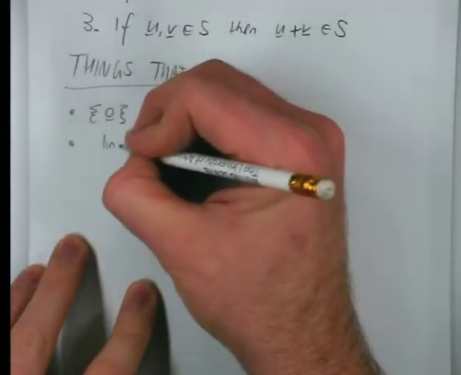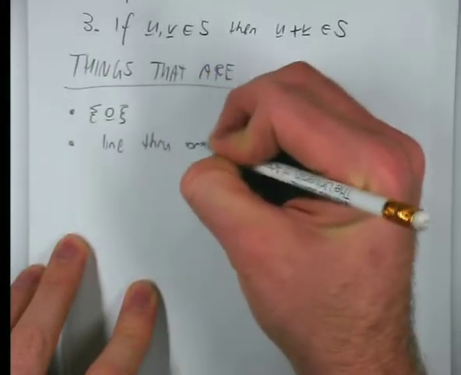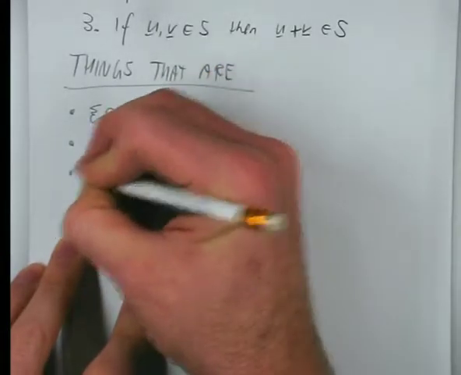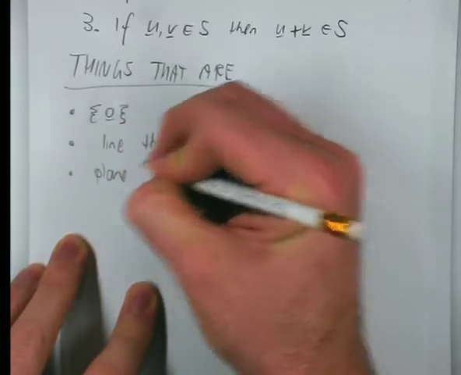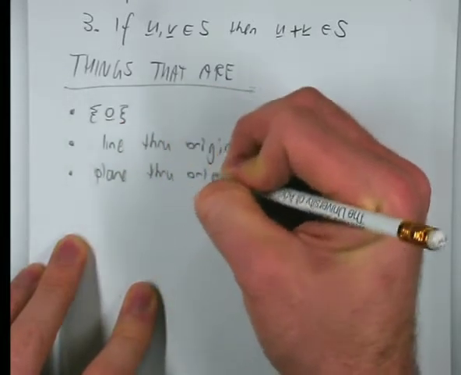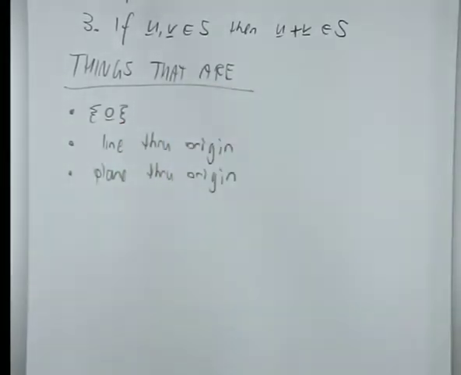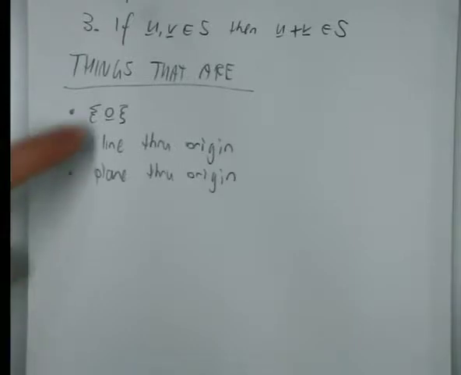A line through the origin, a plane through the origin. They're your basic subspaces. The nice thing about those 3 things is that you can picture them. The set that contains the origin is just a dot, a line through the origin we can draw, and a plane through the origin we can draw that too.